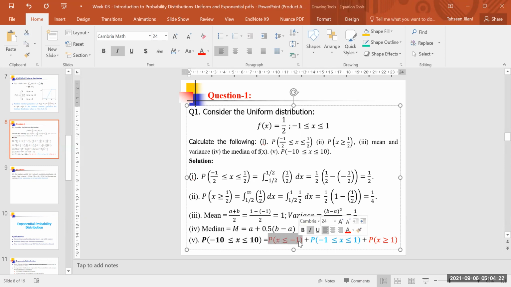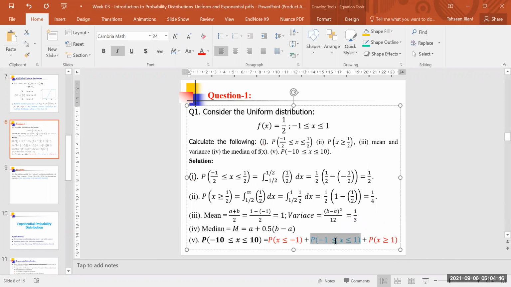What is the probability if x is less than or equal to -1? Less than -1 is 0, not available. Then what is the probability of x greater than or equal to 1? This function is available only between -1 and +1, so the probability of x greater than or equal to 1 is again 0.